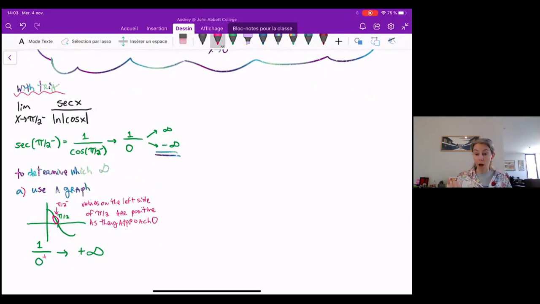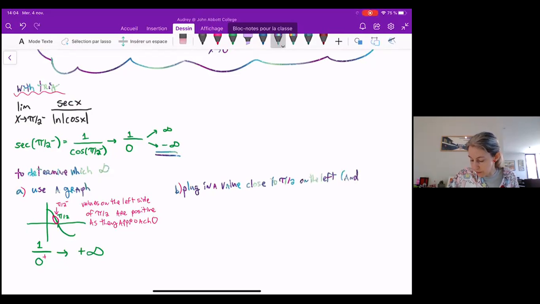So that's one option. Now the other option is to do what you did in Cal 1, which is to set up a little table and plug in a value close to pi over 2 on the left, and check if it is positive or negative.